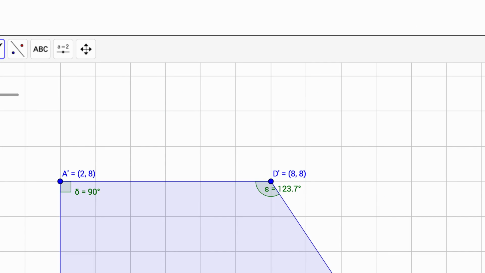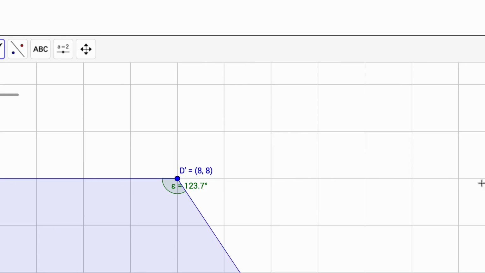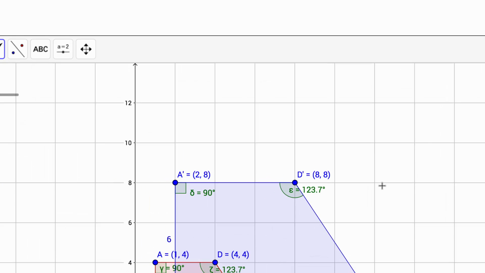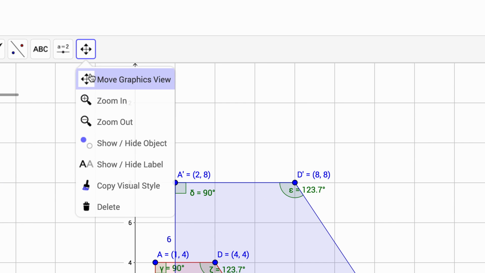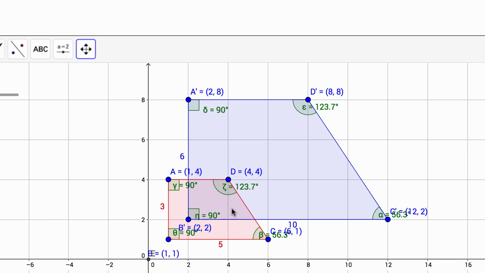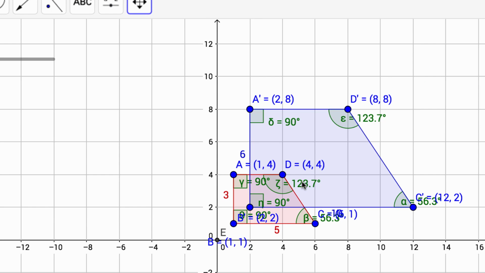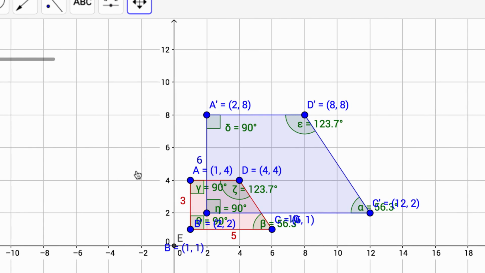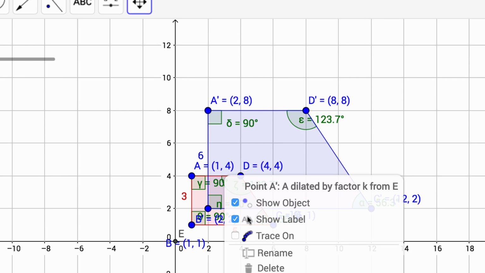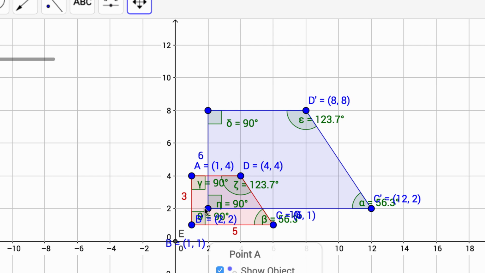So let me jump over here. This GeoGebra shows a dilation. I took this red one and blew it up, and now I can see the result. Let me clear out some of these.